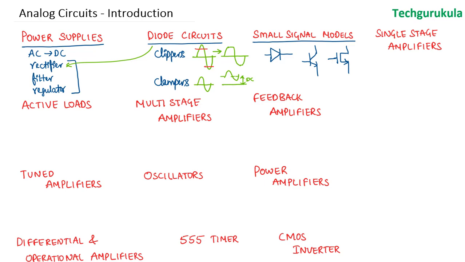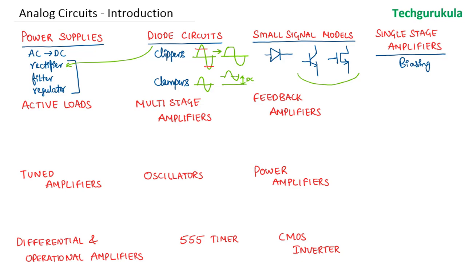In order to do that, we need to apply DC biasing to it. So when we move on to the next topic, single stage amplifiers, the first thing that we will discuss is biasing. When we say biasing, it's basically DC biasing, so that we bias the transistors, let's say the BJT and MOSFET, in such a way that they amplify the small signal supplied at the input.